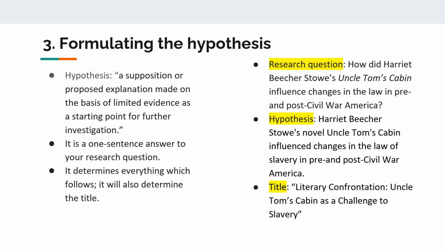Let us see how objectives flow from this hypothesis. Wouldn't the following objectives of the study follow inevitably from just the hypothesis? 1. What were the laws relating to slavery in pre- and post-Civil War America? 2. Were changes made to these laws during this time?